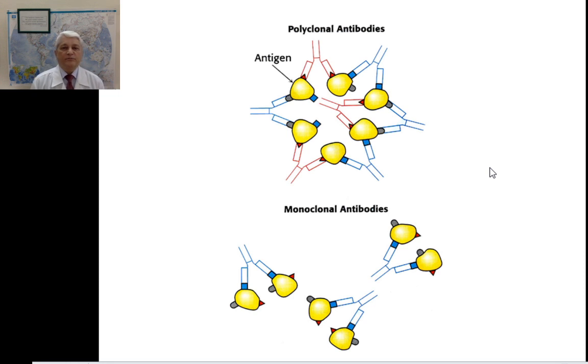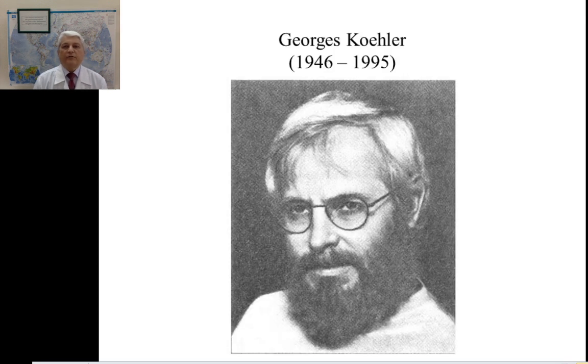This problem was solved by two scientists. First is Georg Köhler. Sometimes we say George Köhler. He is from Germany, and he worked in Great Britain, and he made his discovery in Great Britain.